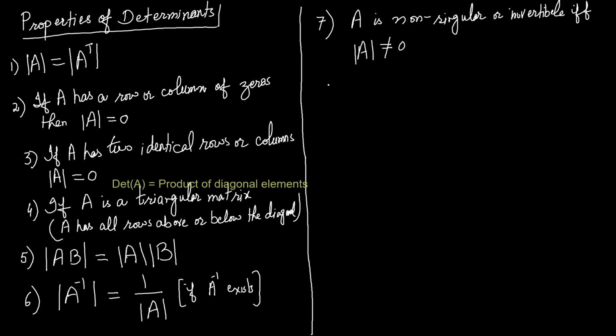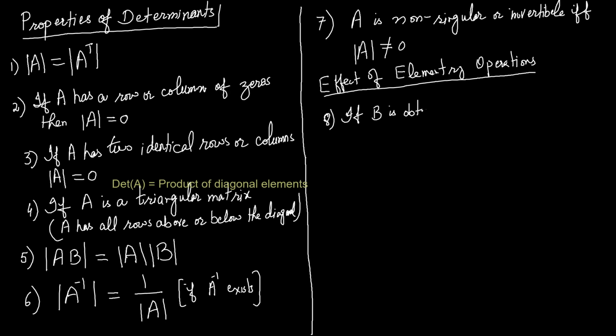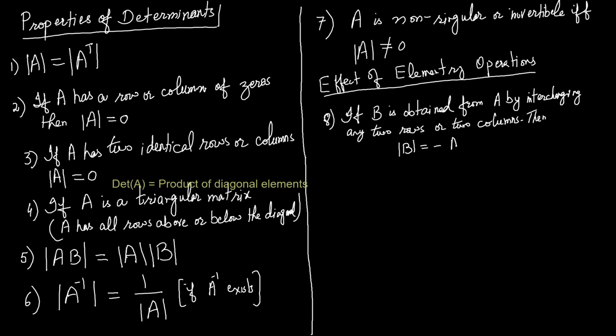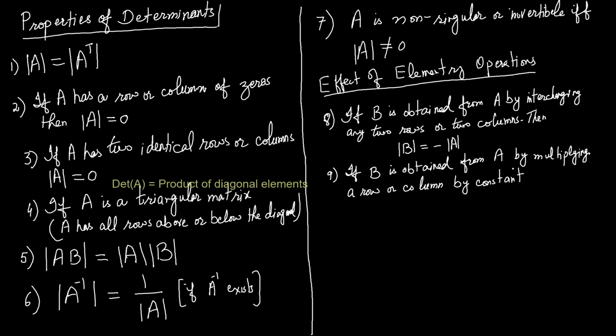Now we see the effect of elementary operations on the determinant. We have 3 more properties of the determinant related to 3 types of elementary operations. Eighth, if B is obtained from A by interchanging any 2 rows, then the determinant of B is equal to minus the determinant of A. Ninth property, if B is obtained from A by multiplying any row or column by a constant k, then the determinant of B is equal to k times the determinant of A. The third type of elementary operation has no effect on the determinant.